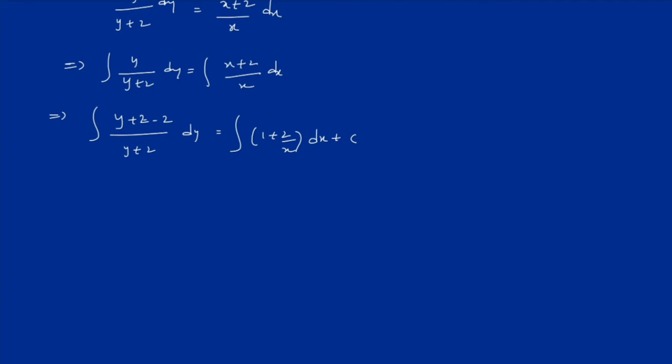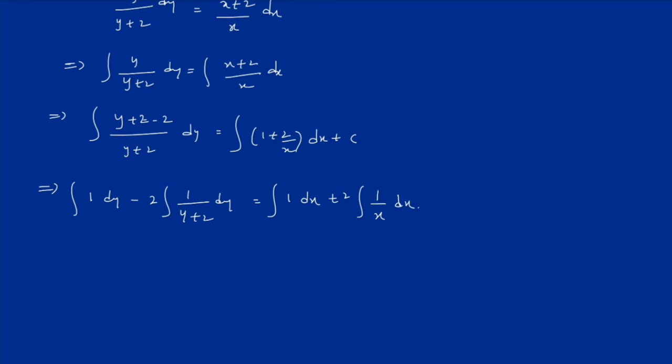This constant is c. Now see, we get integration of y plus 2 by y plus 2 which is 1 into dy, minus 2 outside, inside we get integration of 1 upon y plus 2 dy, which equals here also 1 dx plus 2 outside 1 by x dx, right?